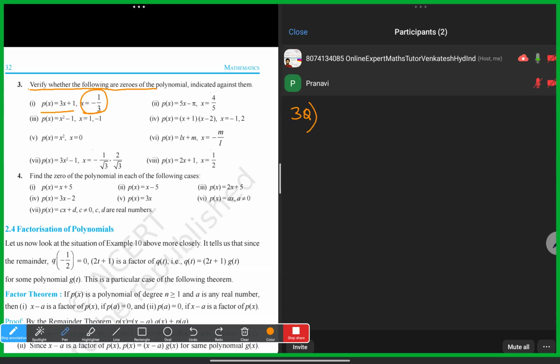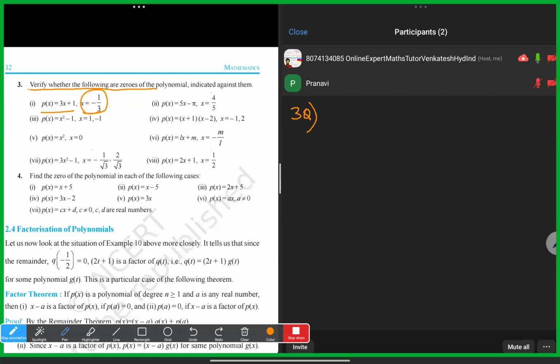So for that, we need to keep that x value in the given polynomial. If the answer is 0 after substituting, then that particular x value is a zero of that polynomial. If we don't get 0, then it is not a zero of the polynomial.